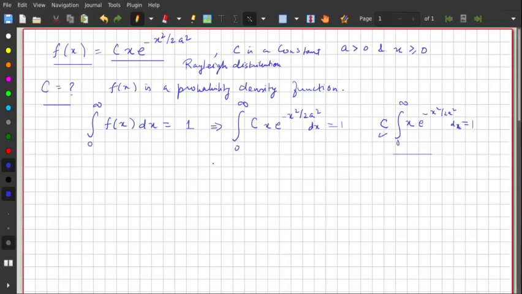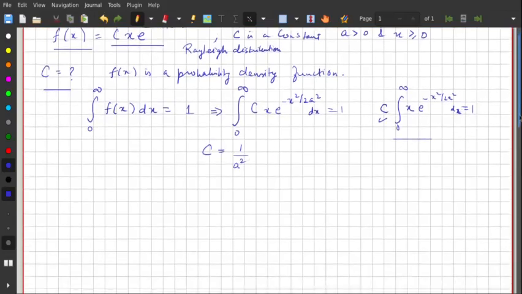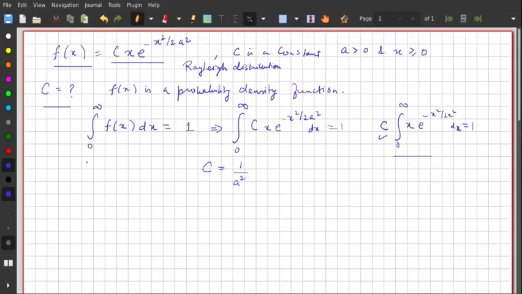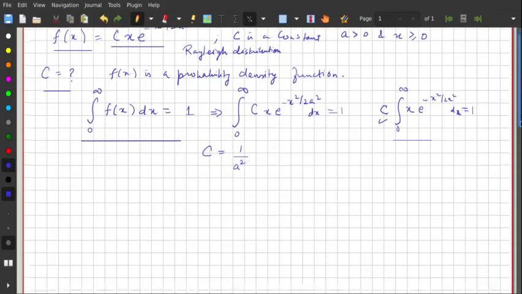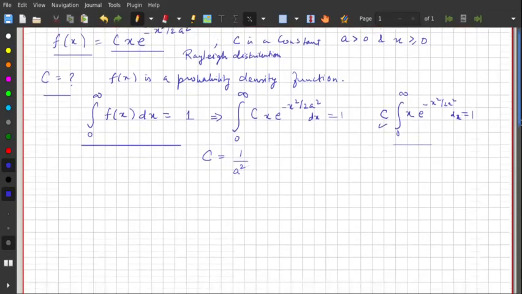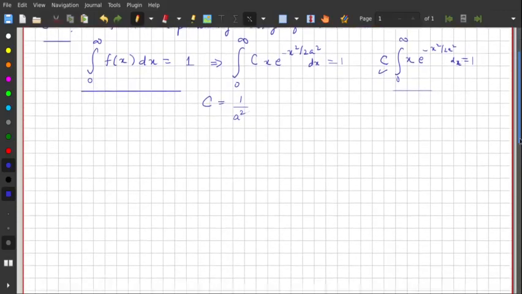If you compute the integral, you will see c comes out to be 1 over a square. That's how we find the constant in front of any kind of distribution, where you impose the important criterion that the sum of all probabilities is unity.